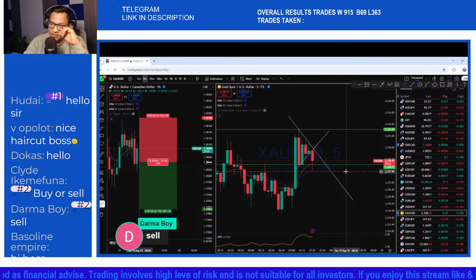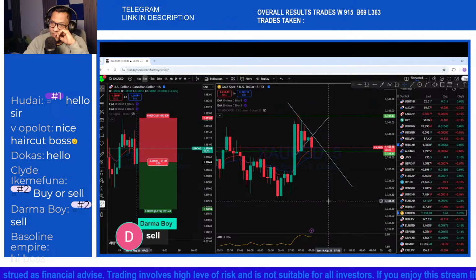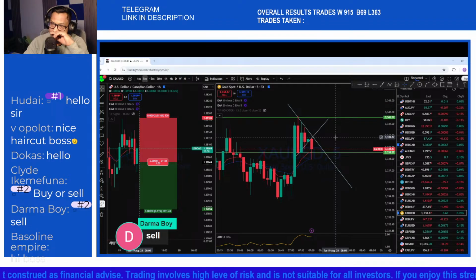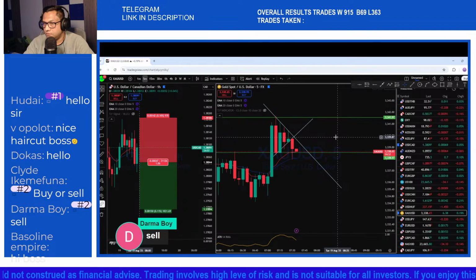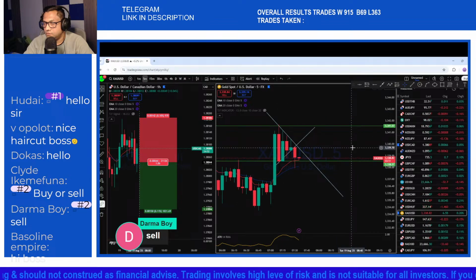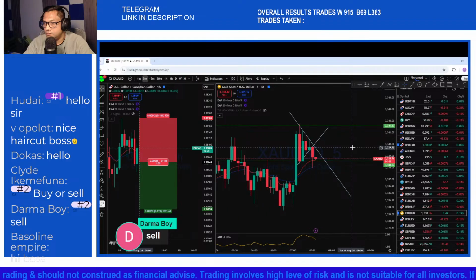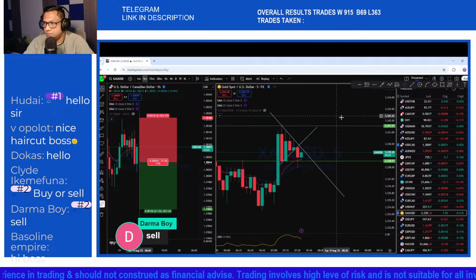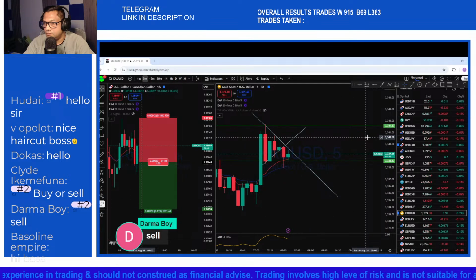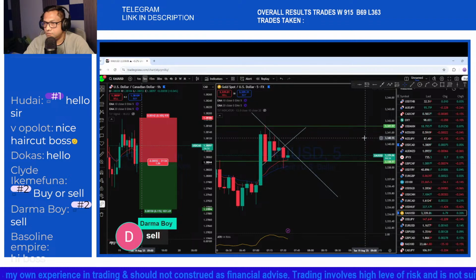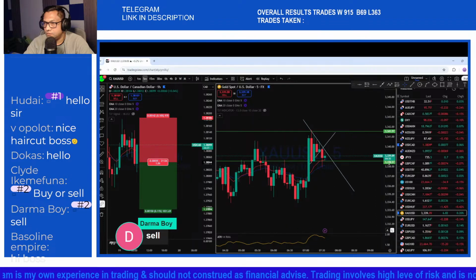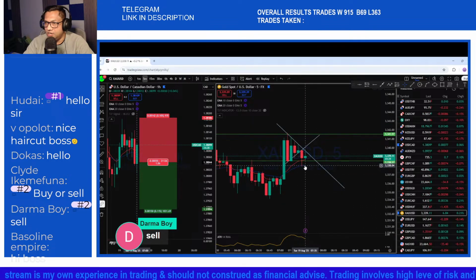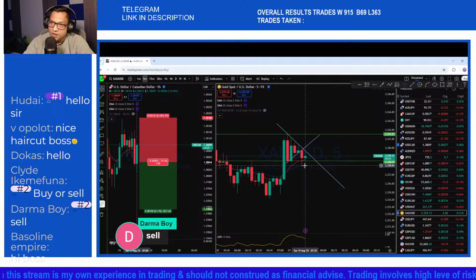Again, expecting the market to trend and then come back to this support level. So we can see there is a break of this triangular pattern back below on the 5 minutes.